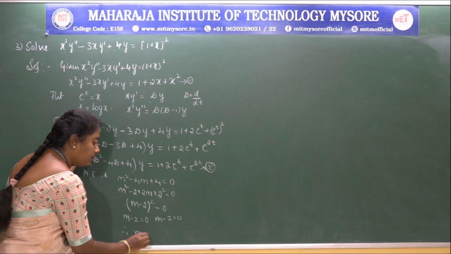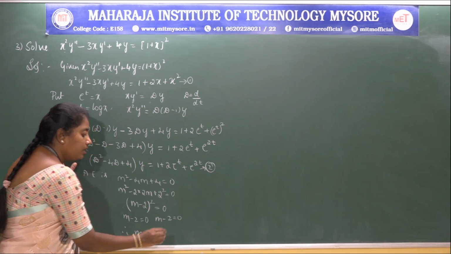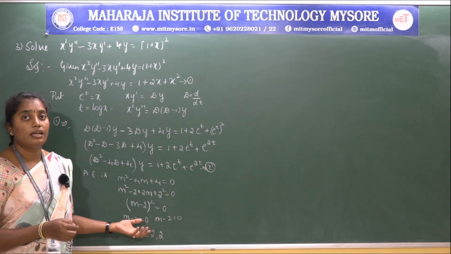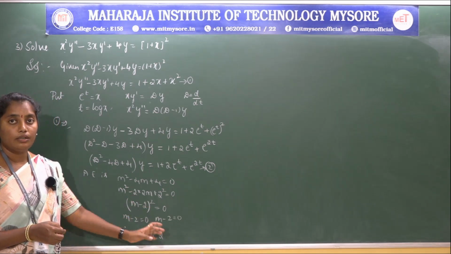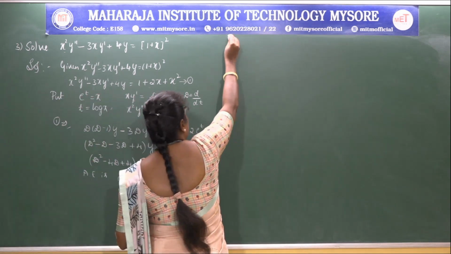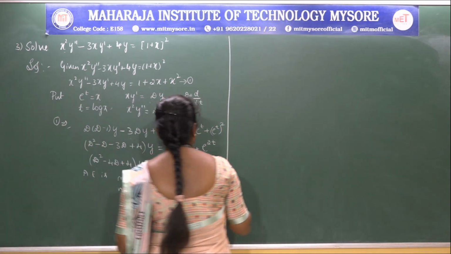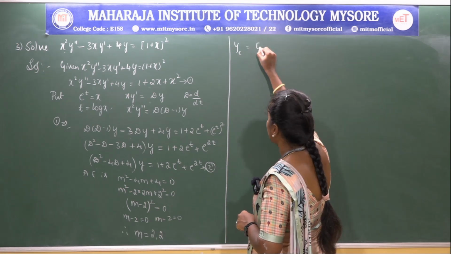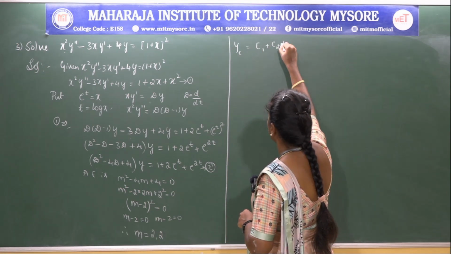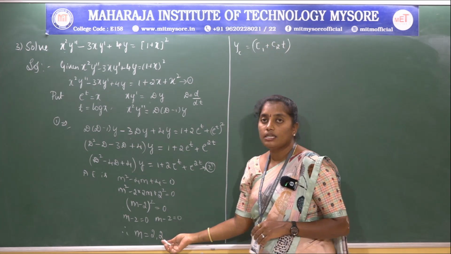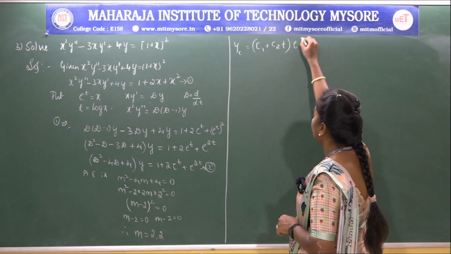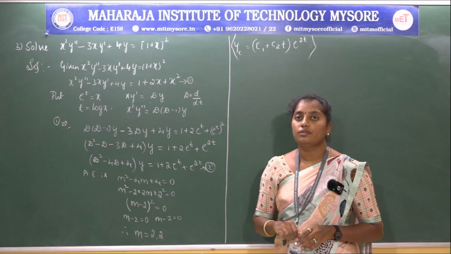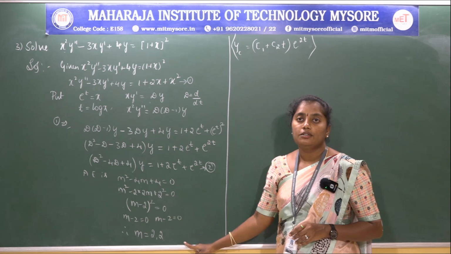Therefore m = 2, 2 are the obtained roots. The roots are real and equal, or real and coincident. So the solution for real and coincident roots is yc = (c1 + c2t)e^(2t). This is the complementary function for the obtained real and coincident root.